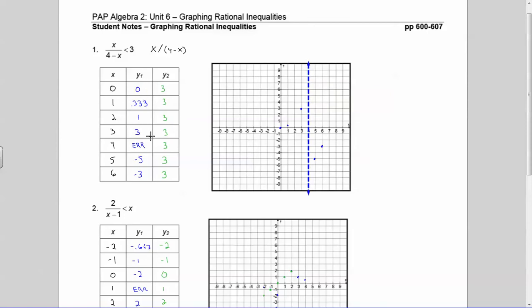And then we can't see from this table where our horizontal asymptote is going to be, but we can see these are the same degree. So 1 over negative 1 is going to mean we have a horizontal asymptote at y equals negative 1.